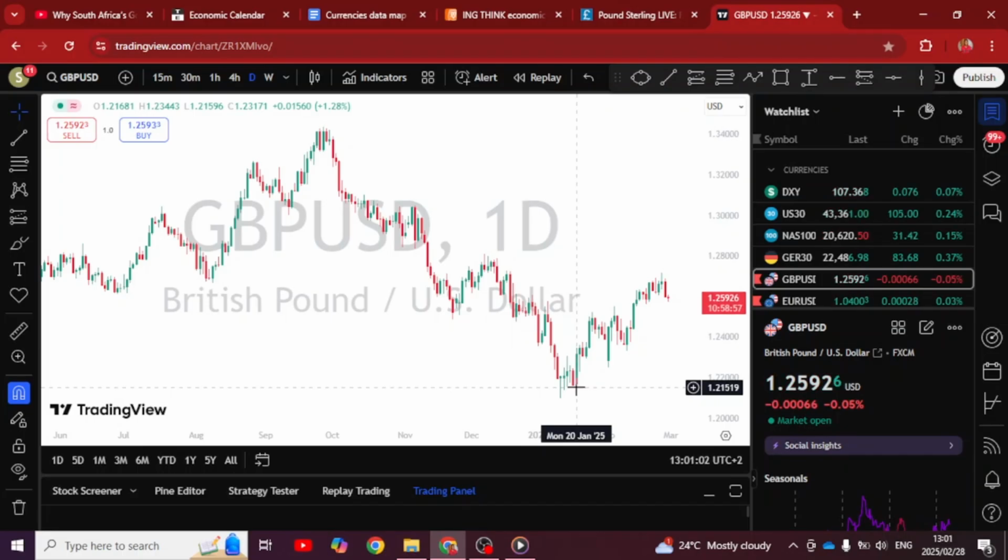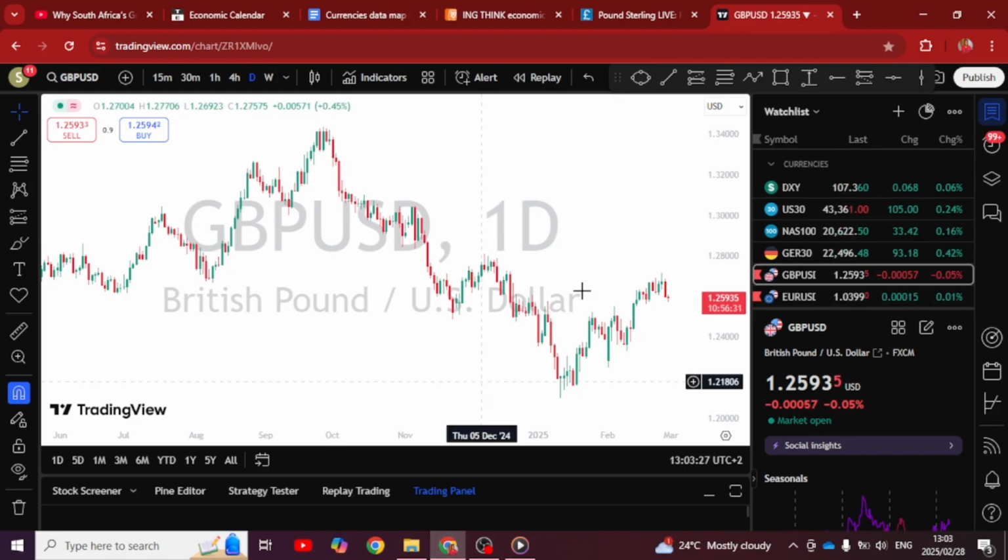But if you have a clear bias, like in this example since October, if the price had hit my support, I wouldn't have bought on this pair. I would have just waited for price to hit my resistance. So I'd look for my sales only. The fundamentals give you a clear direction. If you have the fundamentals, you don't guess the price, you just use them as the key indicator of what direction you should take.